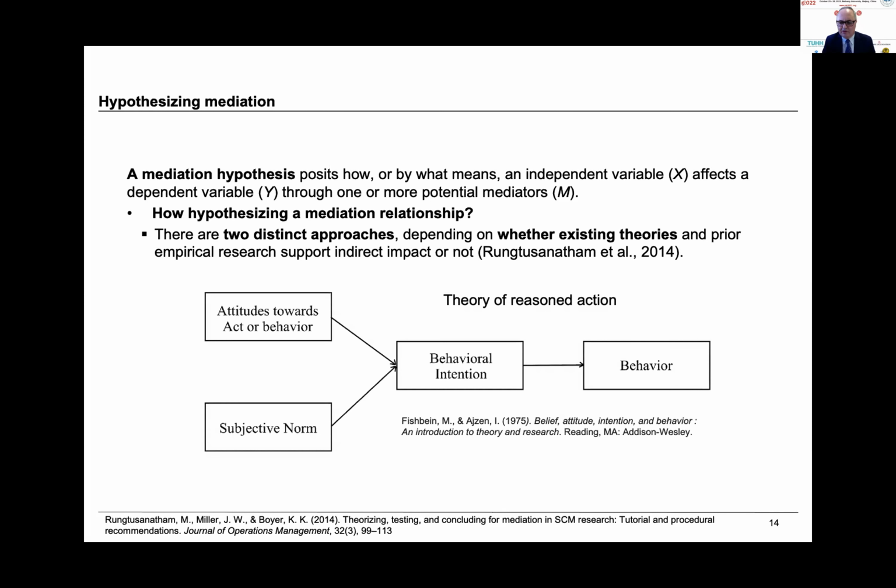An example of a theory where mediation plays an important role is the theory of reasoned action. According to this theory, the behavioral intention here mediates the effect of the attitude toward the behavior on the actual behavior.